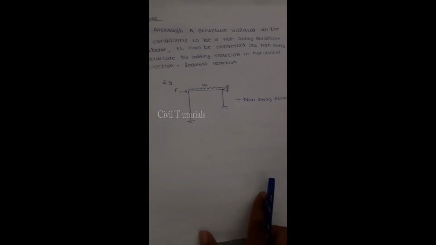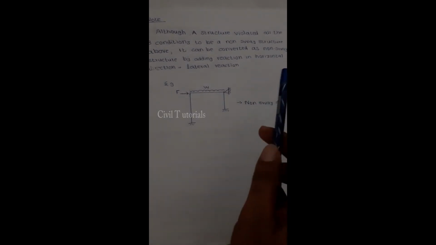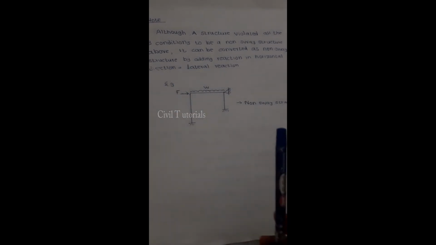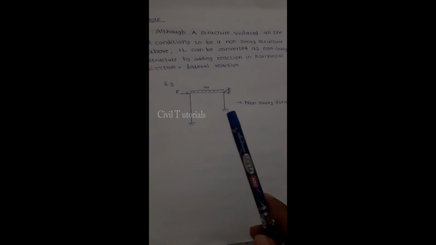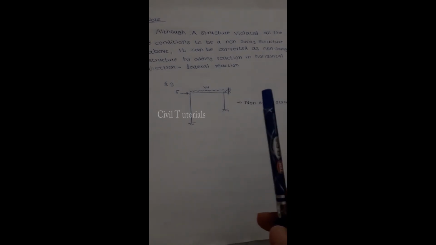Well, we understood what sway and non-sway structures are. Then here's an important note, a very important note. Although a structure violates the three conditions above to be a non-sway structure, it can be converted to a non-sway structure by adding a reaction in the horizontal direction.